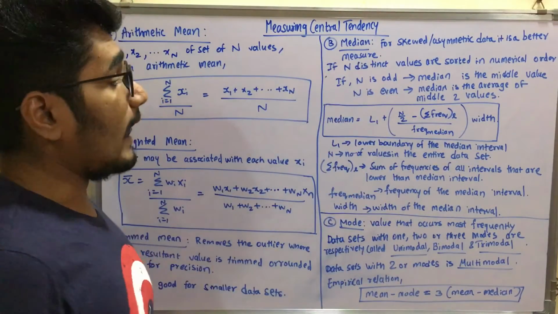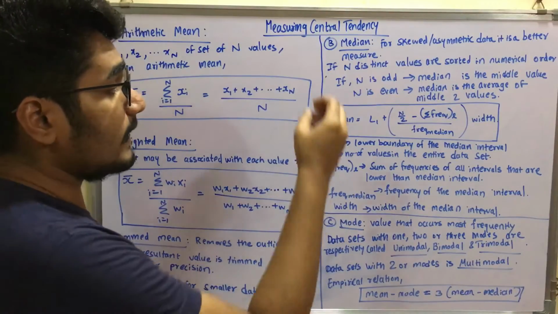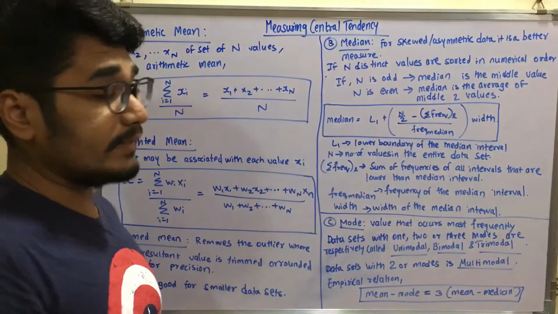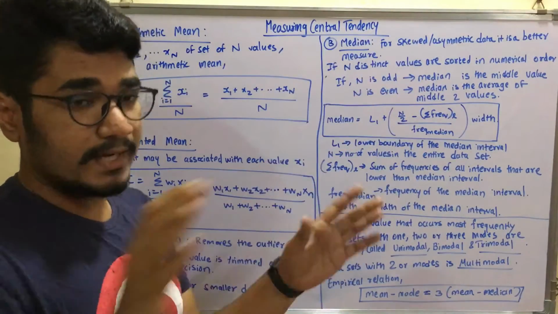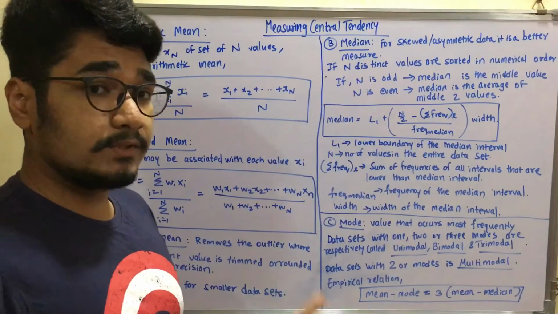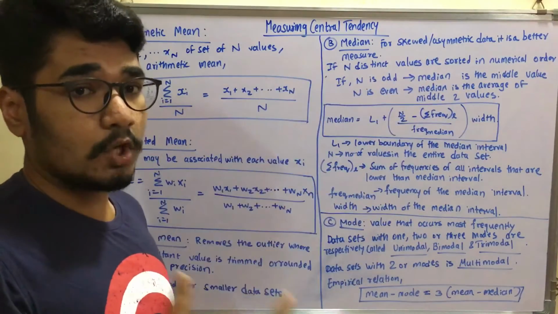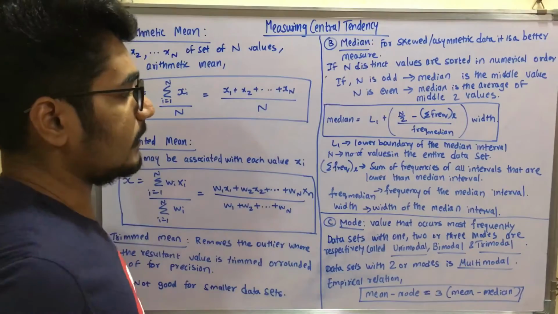For calculating the median, you have this formula: L1 plus n divided by 2 minus the summation of frequencies of the lower intervals, divided by the frequency of the median, and this entire term is multiplied by the width of that range.